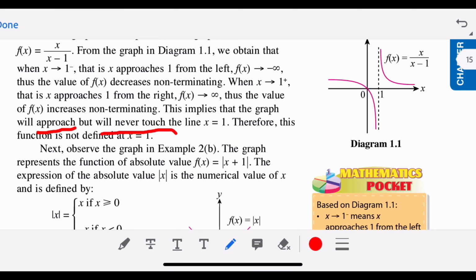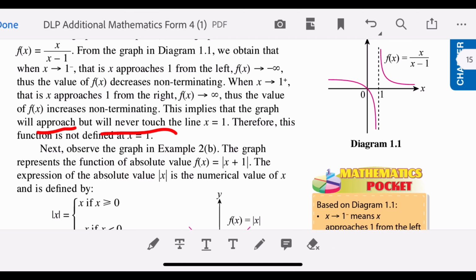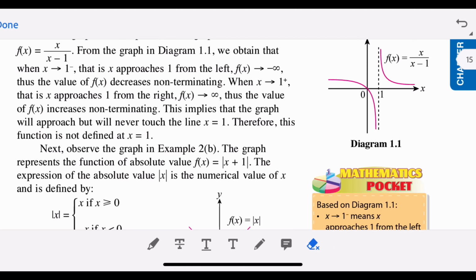Let's see how the graph approaches; it will never touch the line x equals 1. Therefore, this function is not defined at x equals 1, because it doesn't have any value at x equals 1 for this function.